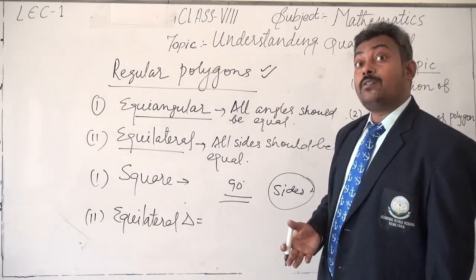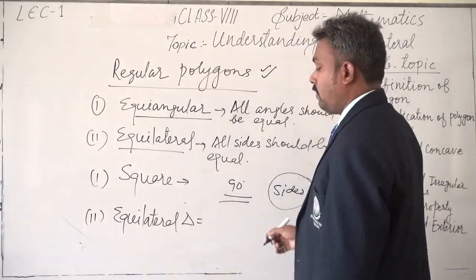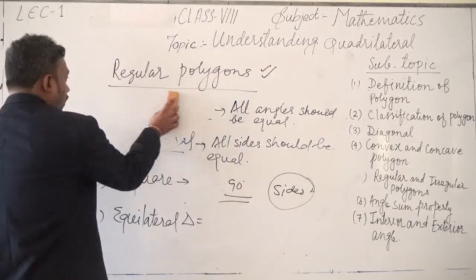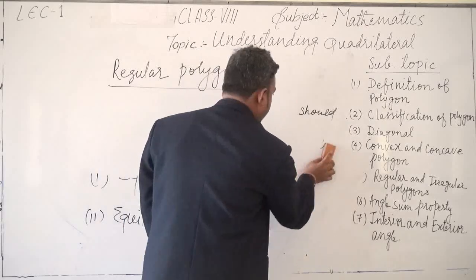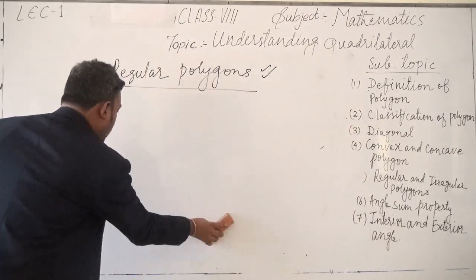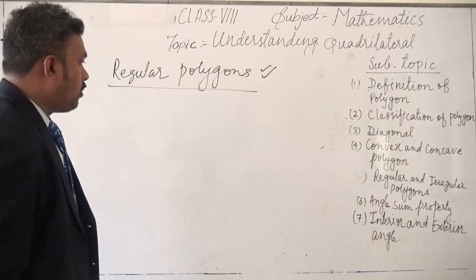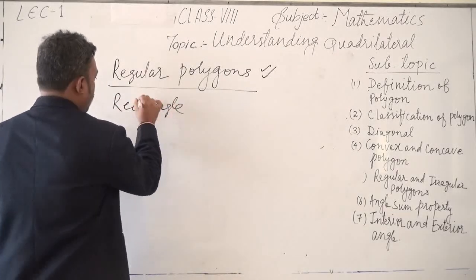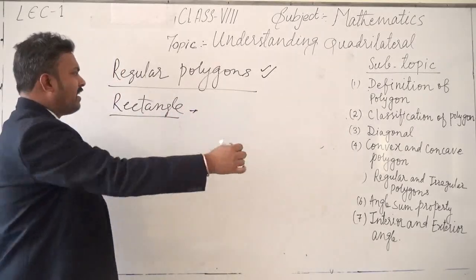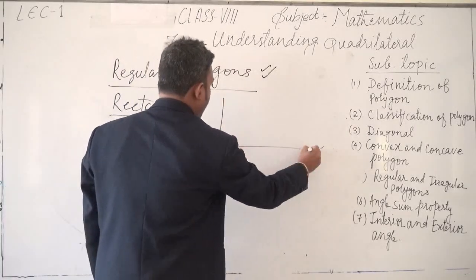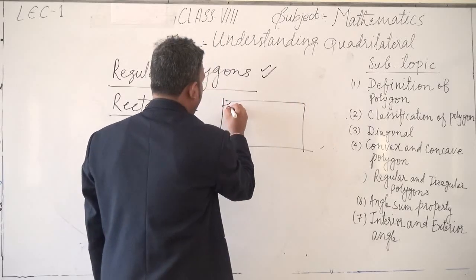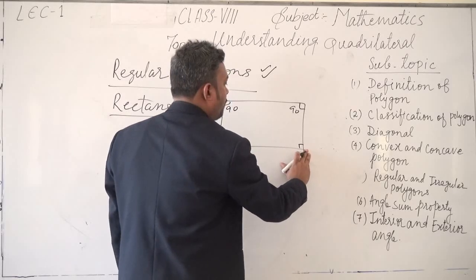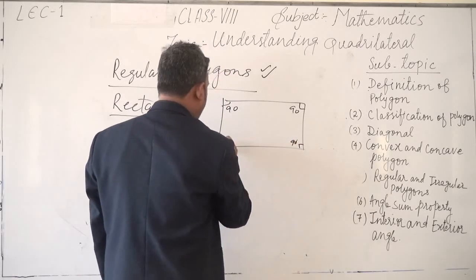Now what about a rectangle? Is a rectangle a regular polygon? For a rectangle, we will get each angle 90 degrees, by the properties.